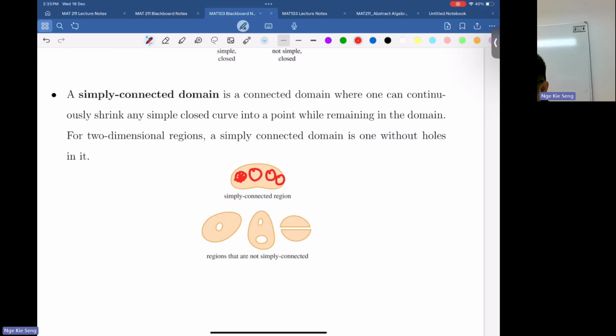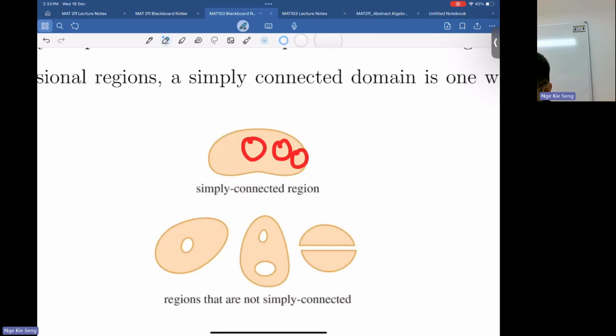Maybe this process of shrinking is not precise, but let me draw what it means. When you shrink, you should shrink inside your domain. Or you can imagine that this circle here, you can shrink smaller and smaller into a point.